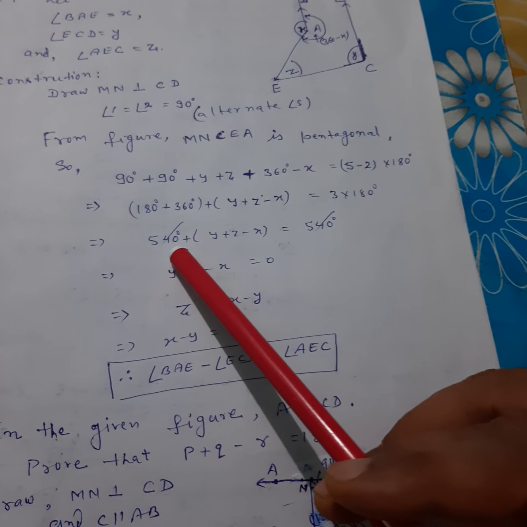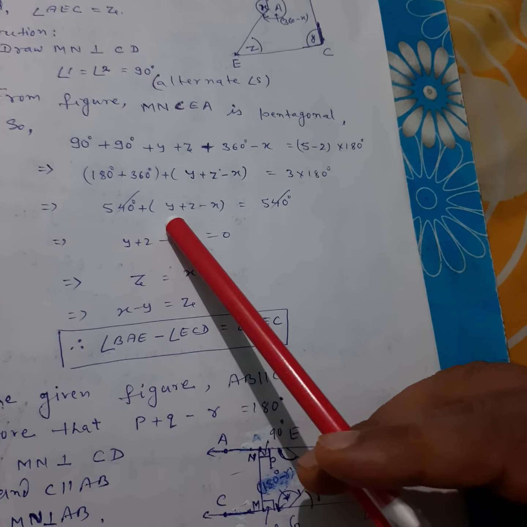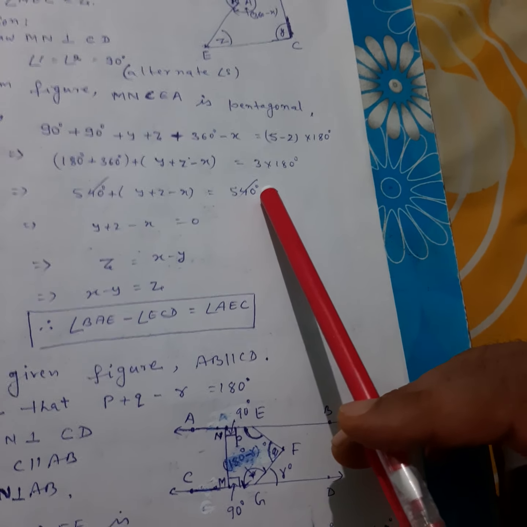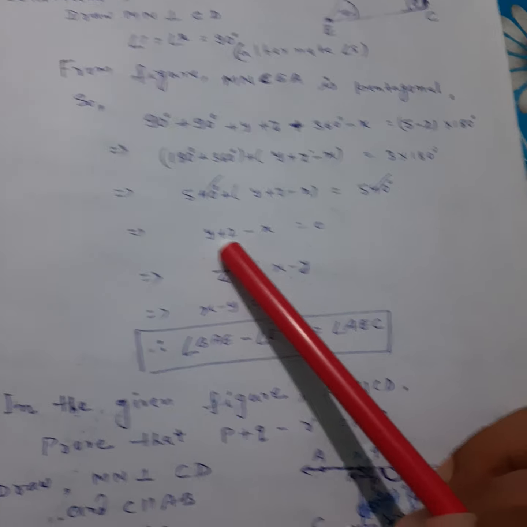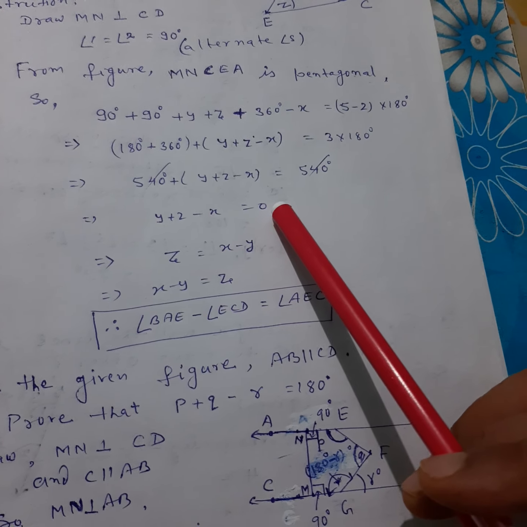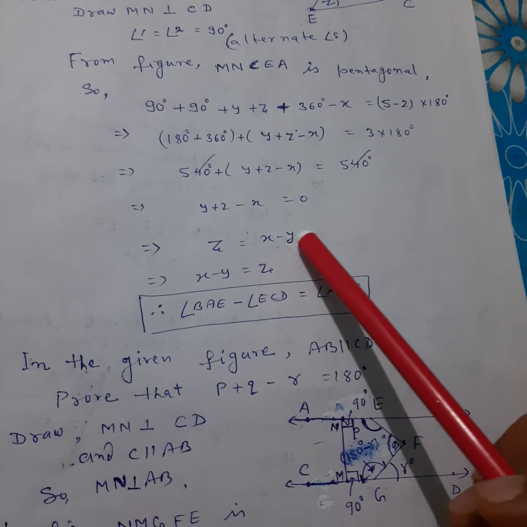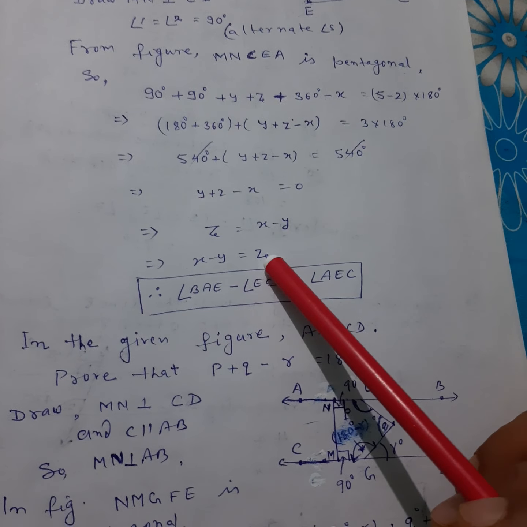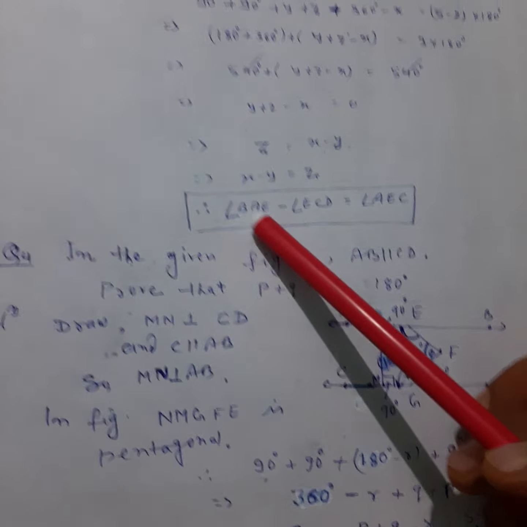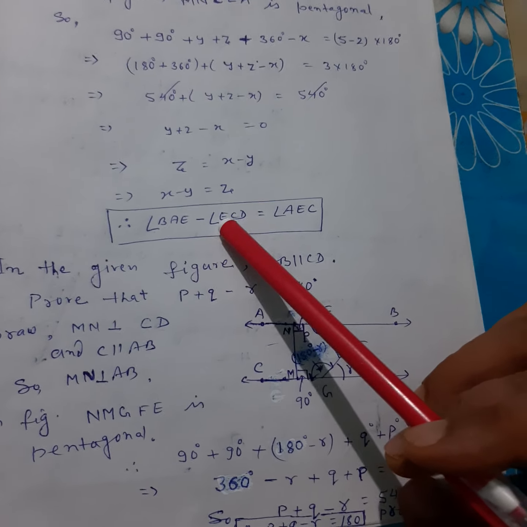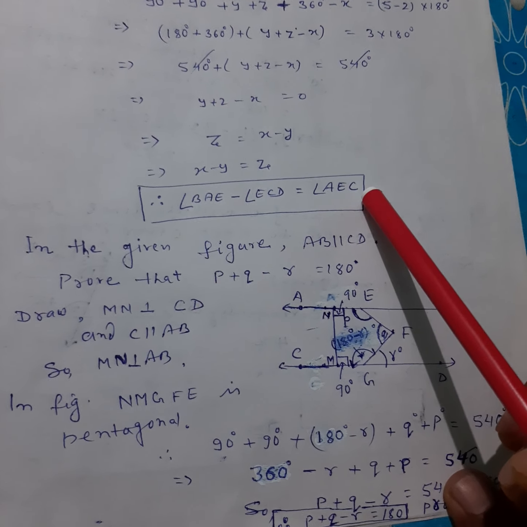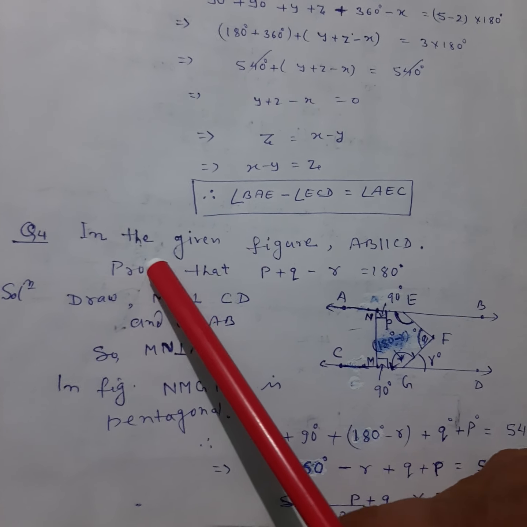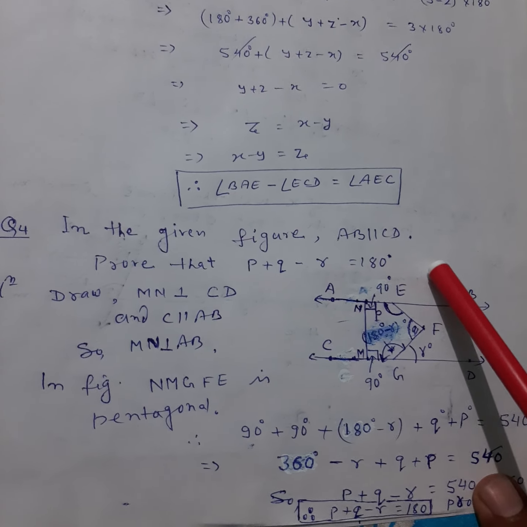Finally we get 540 plus Y plus Z minus X equals 540. Therefore Y plus Z minus X equals 0, or Z equals X minus Y. So angle BAE minus angle ECD equals angle AEC. Proved.